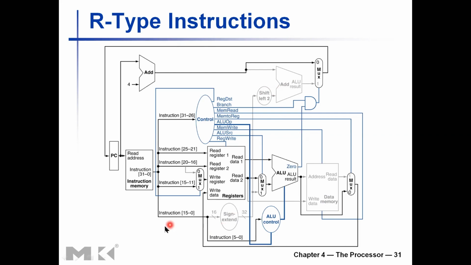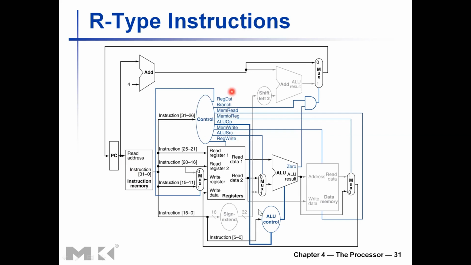So what happens is when an R-type instruction is fetched from the instruction memory based on the program counter value, the control unit will look at the most significant 6 bits, that is the opcode, to generate this series of signals.